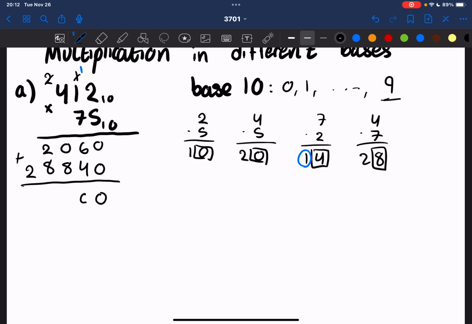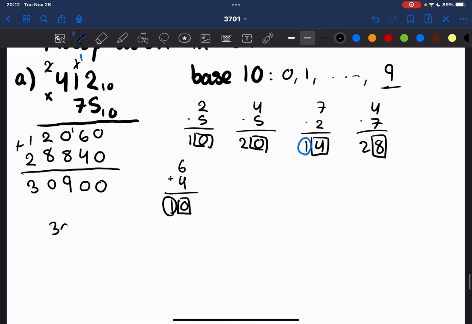But we only take that first digit, put it in, carry the 1. 8 plus 1, that's 9. 8 plus 2, well, same thing as 10, so we take that 0, carry the 1, and then we do 2 plus 1, and that's 3. So the answer in this case would be 30900 base 10. We know how to do this, right? But the methodology is exactly the same for the next type of question.